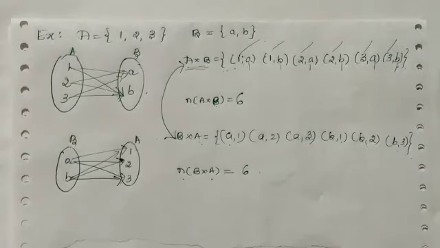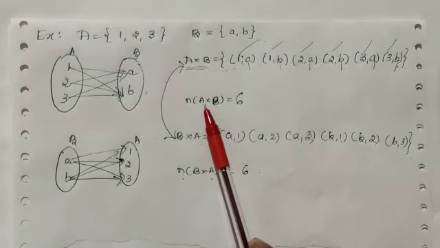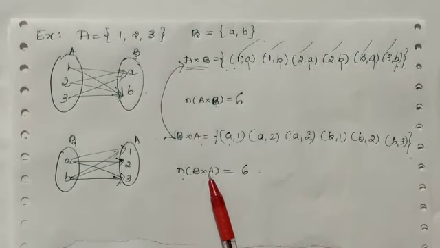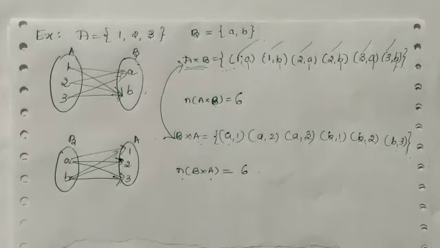Again these are two different ordered pairs. So what you can conclude: A cross B is not equal to B cross A, but the number of elements in A cross B will be equal to the number of elements in B cross A.